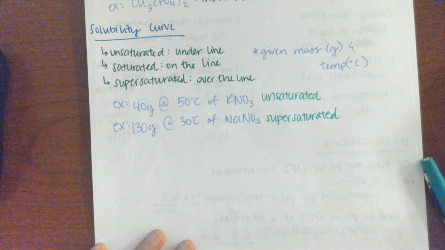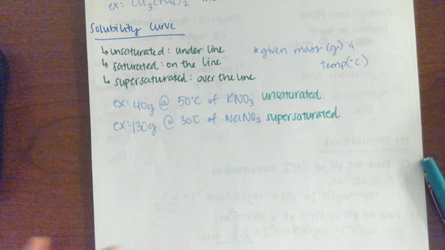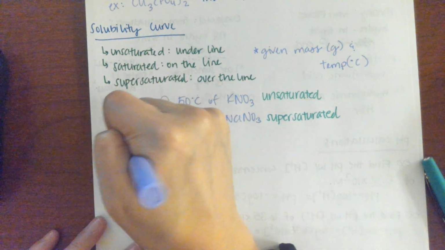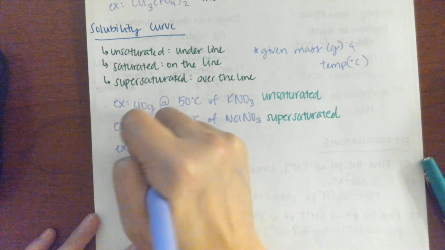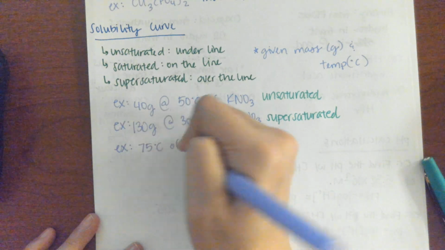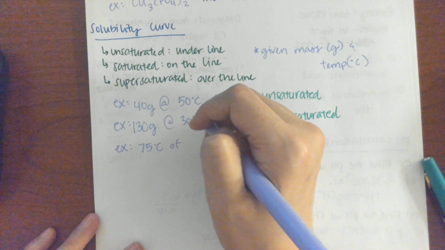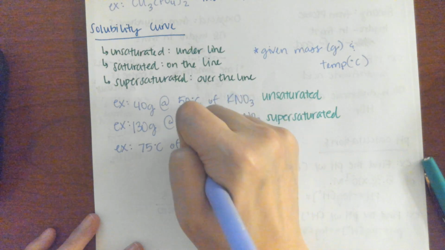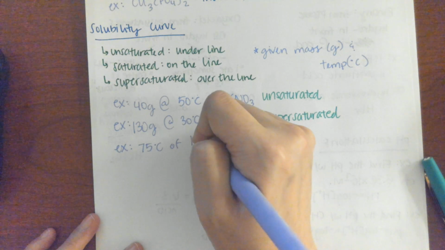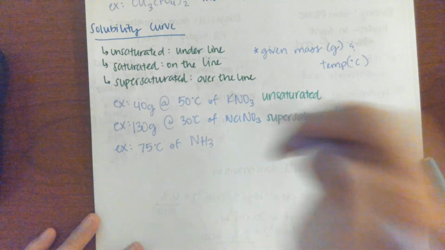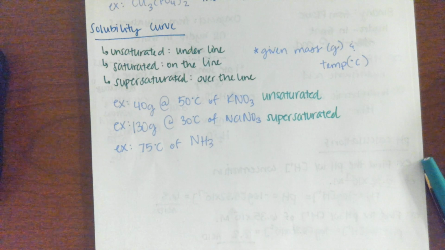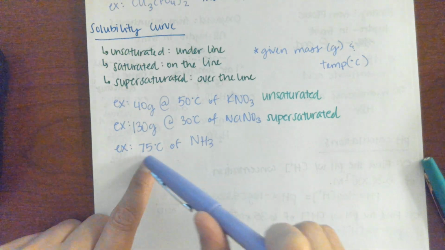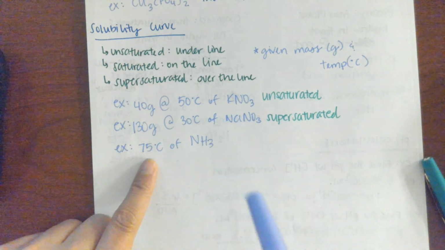Now what happens if I only give you the temperature? Alright, 75 degrees of NH3. This is where you look. If it's only giving you temperature, you just go all the way up to the line.